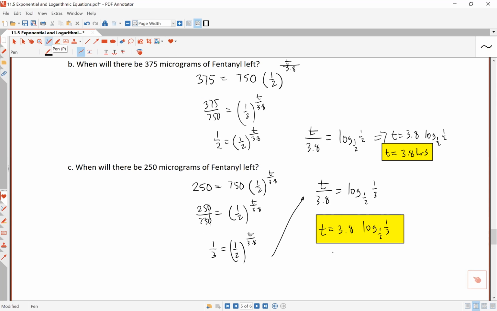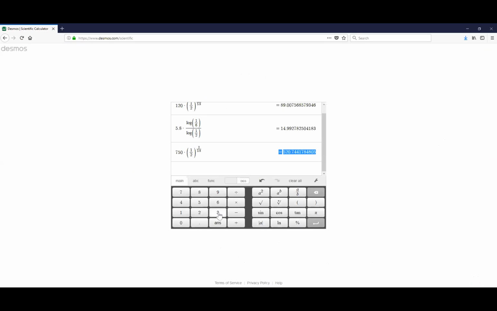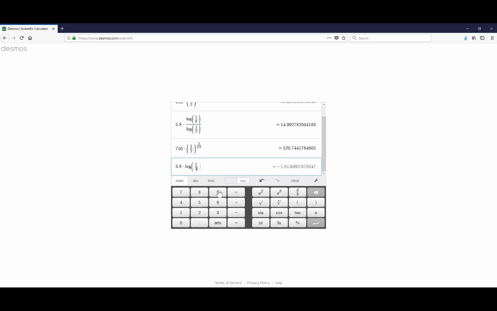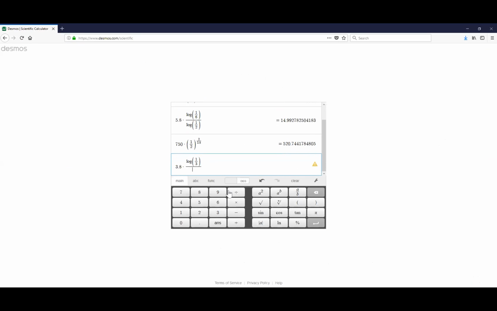But we can estimate this on our calculator by using the change of base formula. Log of 1/3 times 3.8 divided by log of 1/2. Calculating that on our calculator: 3.8 times log of 1/3 divided by log of 1/2.